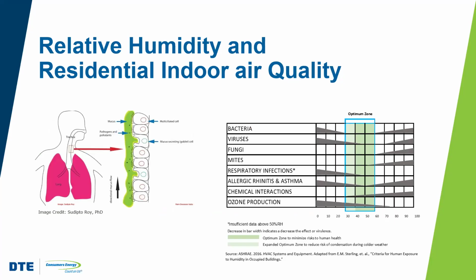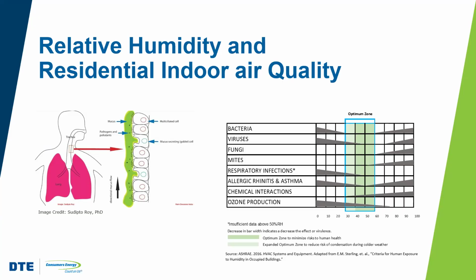So one of the other things that we don't think about that could potentially be a contaminant in the house and in the air is the moisture in the air, right? Uncontrolled moisture can damage wood, right? You may have an older home. You may see in older homes in Michigan the wood expanding and contracting as we change seasons, right? That's a sign of uncontrolled humidity levels in the home, right?